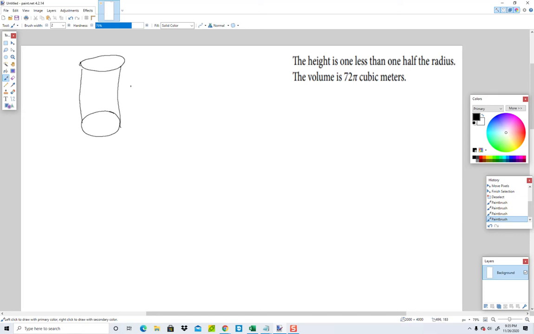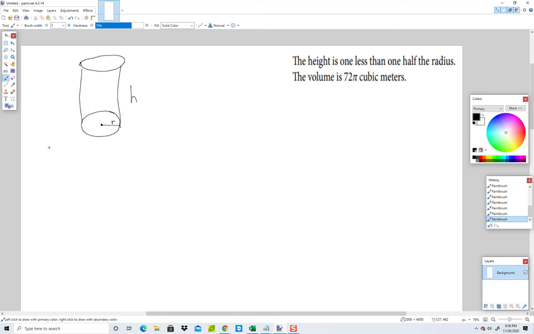But we've got a height associated with it. And then we've got the base here, which is a circle. And the circle, of course, has a radius involved with it. So we have a radius coming like that.